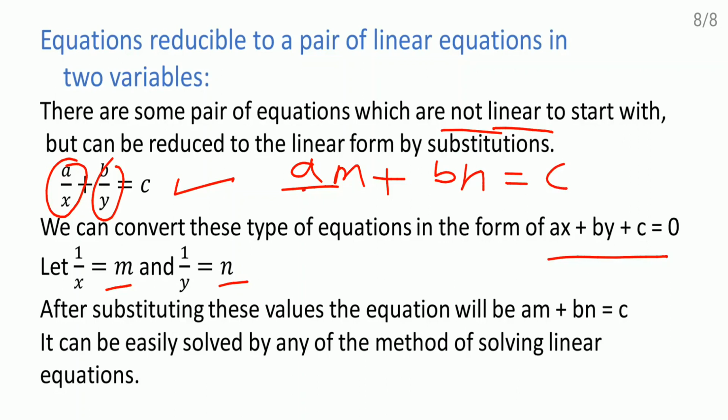So we brought our equation into the standard format. Correct? This equation can be easily solved by any method of solving linear equations. Once the equation comes in the standard form, we are able to solve it. It means we can reduce that equation to the linear format.